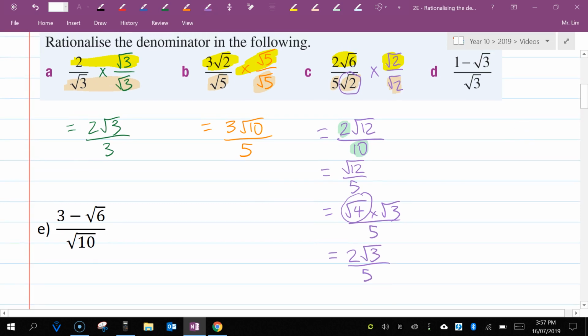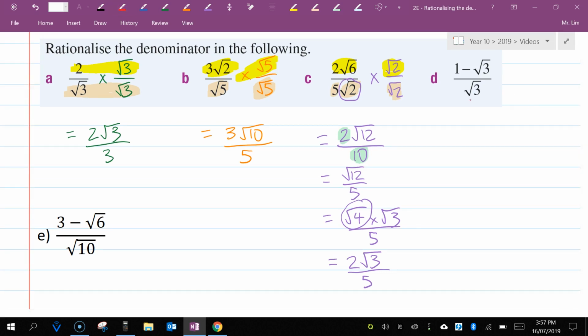Question D. We have 1 minus root 3 all over root 3. So the denominator is root 3, so we're going to times this by 1, or root 3 over root 3. But when we do this, we need to put this in brackets. We're going to times the entire numerator by that root 3. 1 times root 3 is root 3. Negative root 3 times root 3 is minus 3.